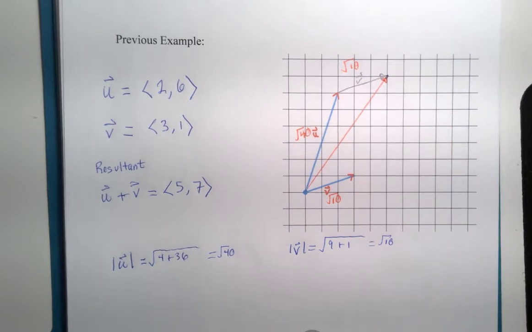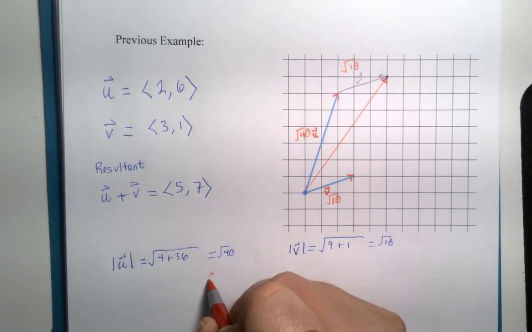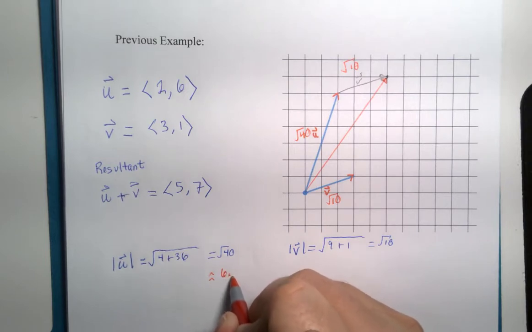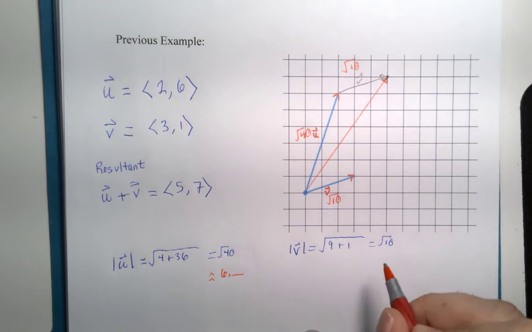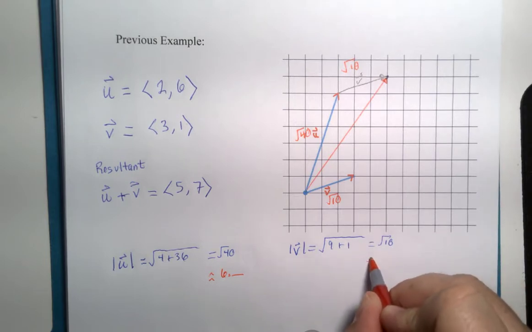Now, if we were to approximate this, the square root of 40, we know to be larger than 6, since the square root of 36 is 6. And the square root of 10, well, it's larger than 3.